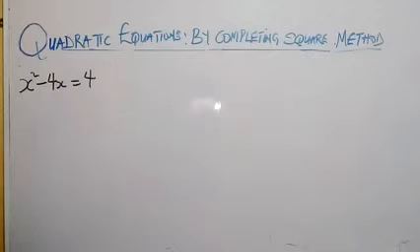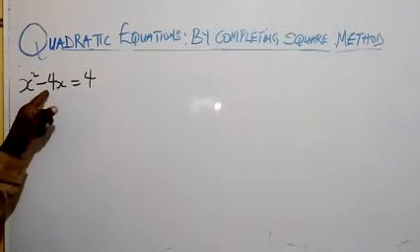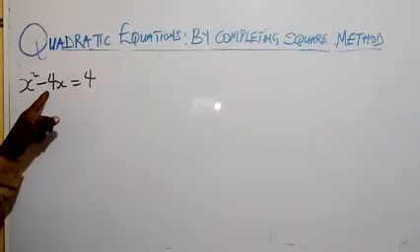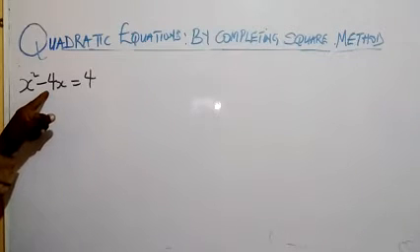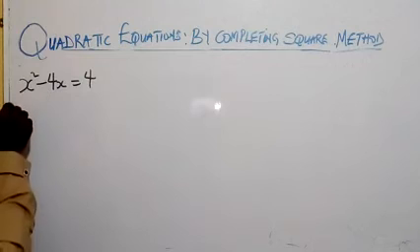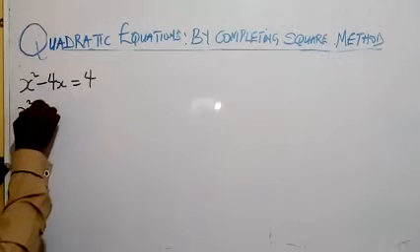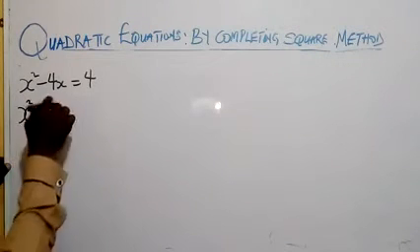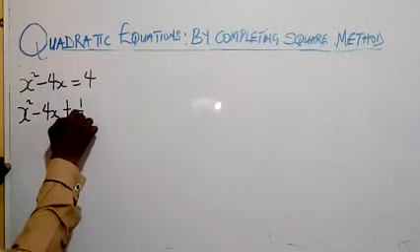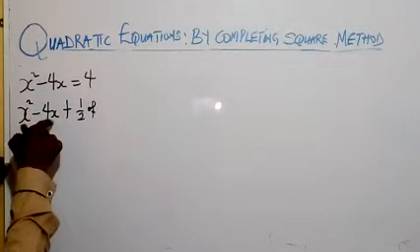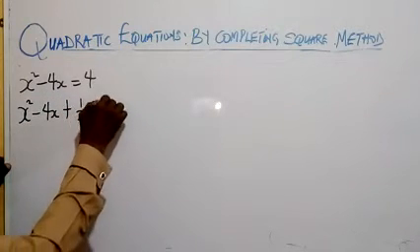The next thing is to add the square of half of the coefficient of x. So we have x squared minus 4x plus one over 2 of the coefficient of x, which is minus 4.